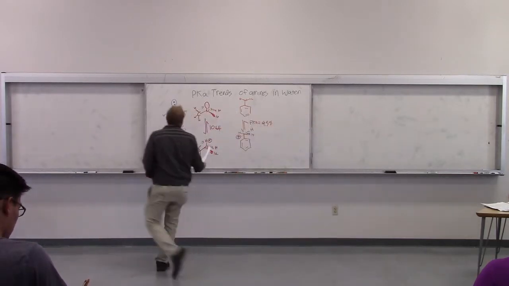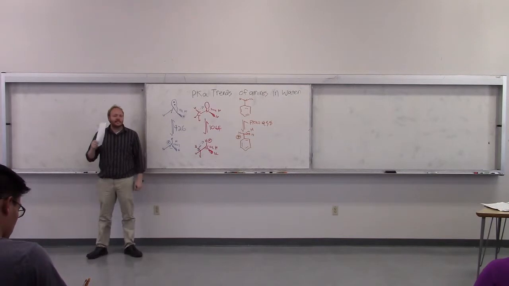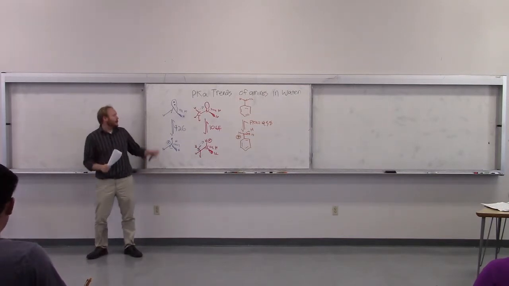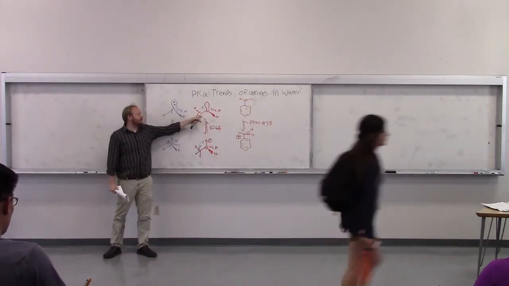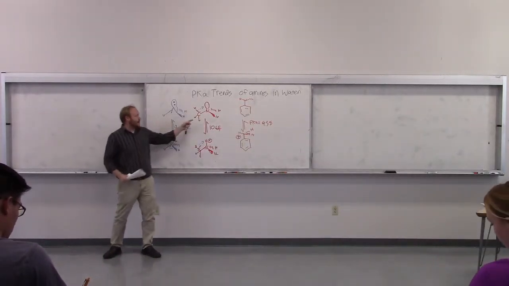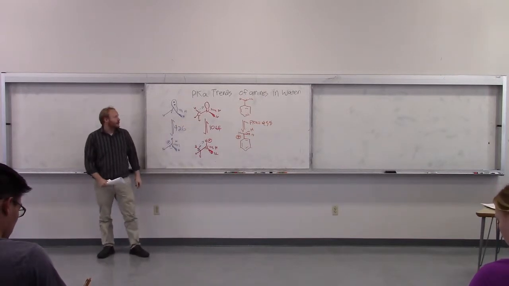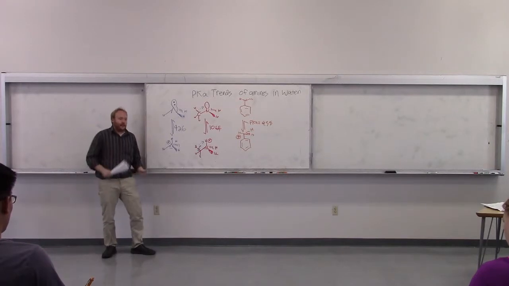So, in general, the more substituted your amine is, the more carbon-based sp3 substituents off of your amine, the higher the pKa of the conjugate acid of the amine will be.